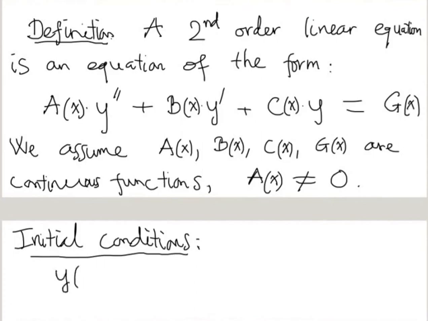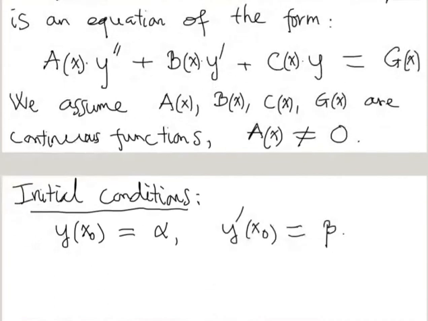The first one is the value of the function at x0 equal to, say, alpha, and another condition is the derivative at x0 equal to beta. So if you compare with initial conditions in first order equations, you see that we have both the value of the function and the derivative of the function at x0.